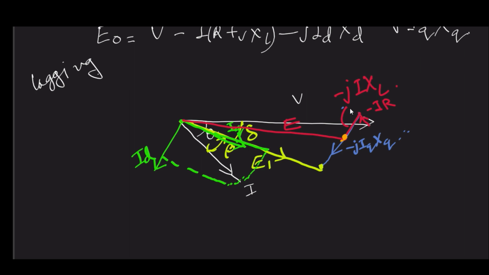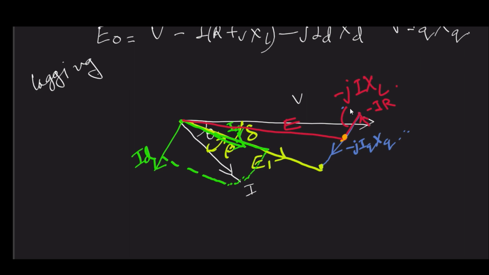This minus JIDXD will be lagging this ID by an angle of 90 degrees. If you draw it, or let us start with this one also, that would be a bit easier for us.